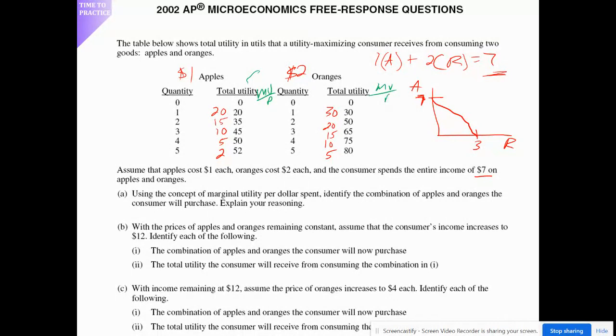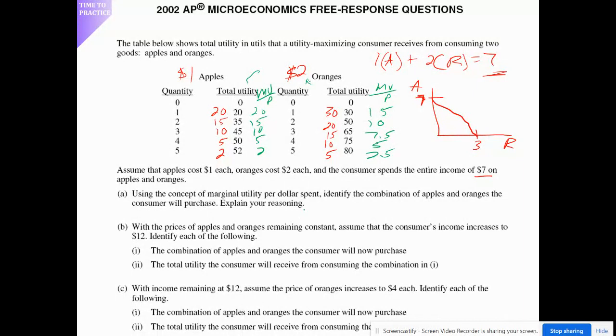So here it would be 20 divided by 1, which is 20, and 15, and 10, and 5, and 2, right? Because this is divided by $1. But over here, you're going to divide it by 2. So 30 divided by 2, because oranges are $2. So this would be 15, 10, 7.5, 5, and 2.5.